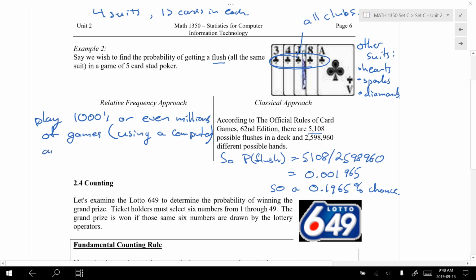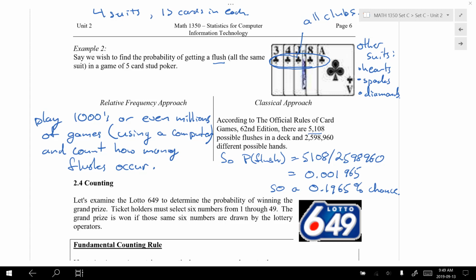We could write some kind of conditional to investigate and count, based on the outcome, whether or not it's a flush, keep a running total, count how many flushes occur, and compare that with the total number of trials that we've done. So you could probably do that now to do the relative frequency approach.